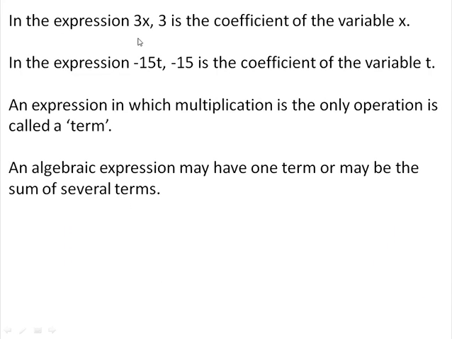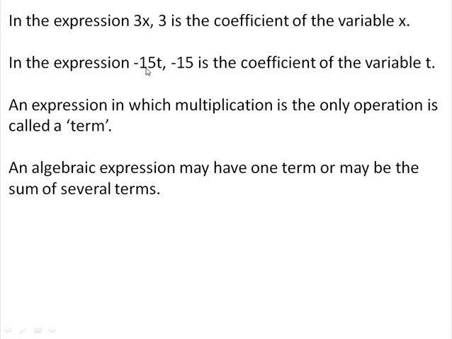Now, if you look at this expression, 3x. In this expression, 3 is the coefficient of the variable x. Whatever alphabet we are using, we call it a variable. So the number that is written along with the variable is called a coefficient. So in the expression 3x, 3 is the coefficient and x is the variable.